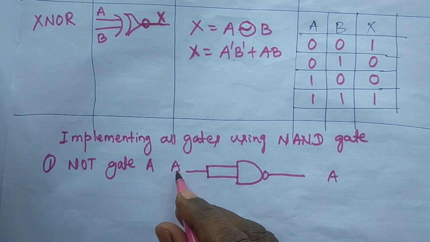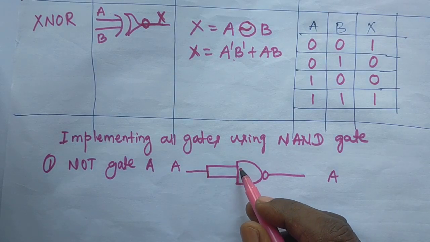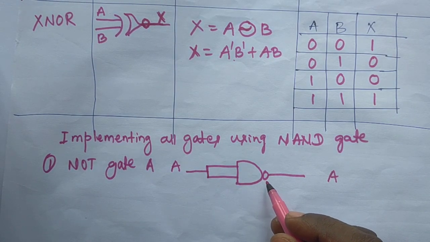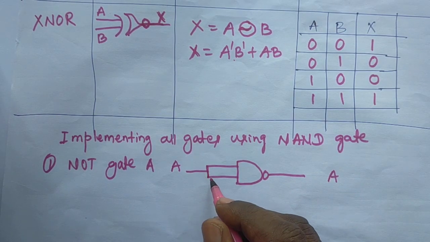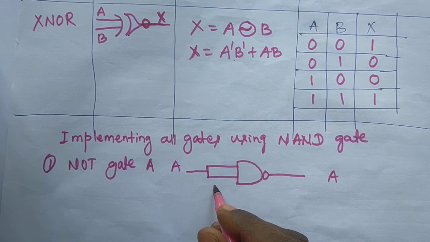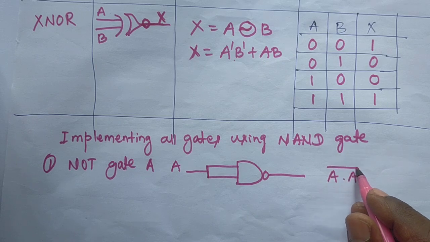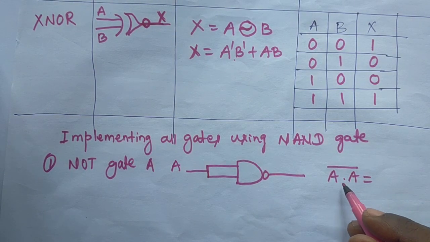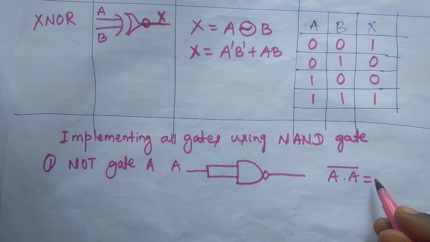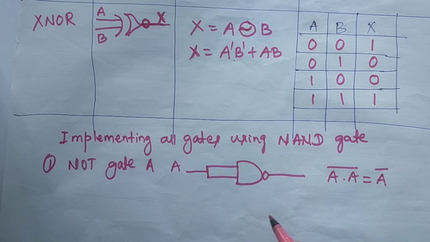One part A goes here, another A part also goes here. So both are considered as A into A, because it is a NAND gate, A into A, but here NAND gate means complement. So now we see what is the result. A into A means A, so the result is A complement.